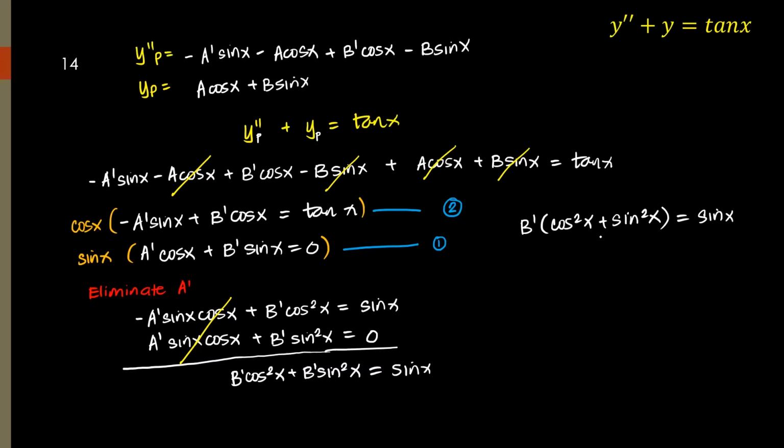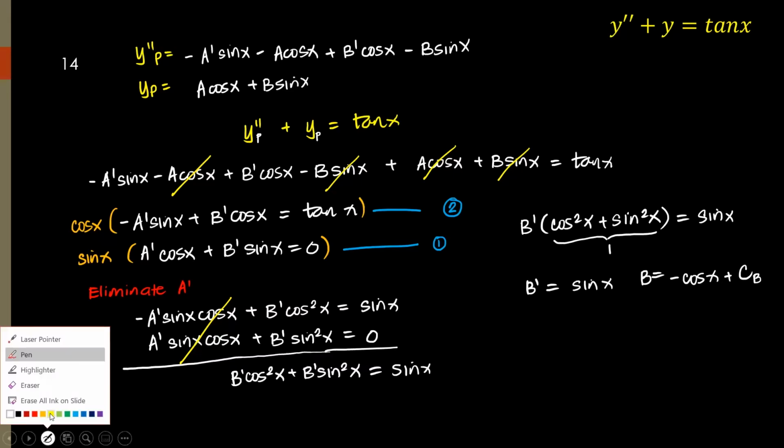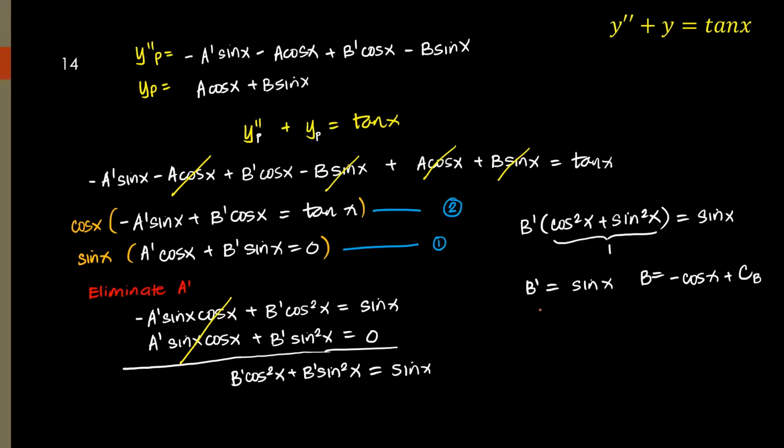Using your Pythagorean identities, that's actually equal to 1. So I can safely say that b prime is simply sine of x. Integrating this, b is negative cosine of x plus the constant coming from integrating b. Some of you might ask, what's constant b? Because I integrated the letter b. Now I have solved for b and b prime.